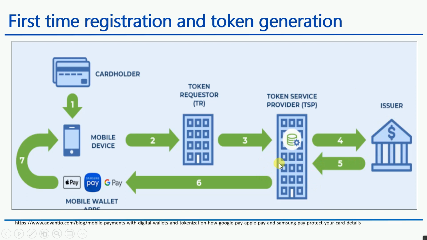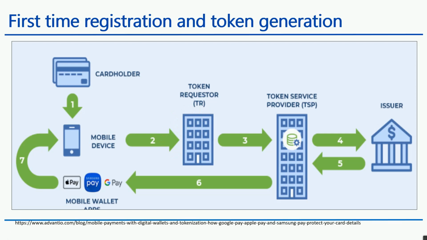The token service provider stores that token against the debit or credit card details, CVV, expiry date, or whatever the system has passed on. Now if you look at this step 6, the token is not sent to the token requester. Why? Because the role of the token requester is just to create and ask for a token, not to store the token.